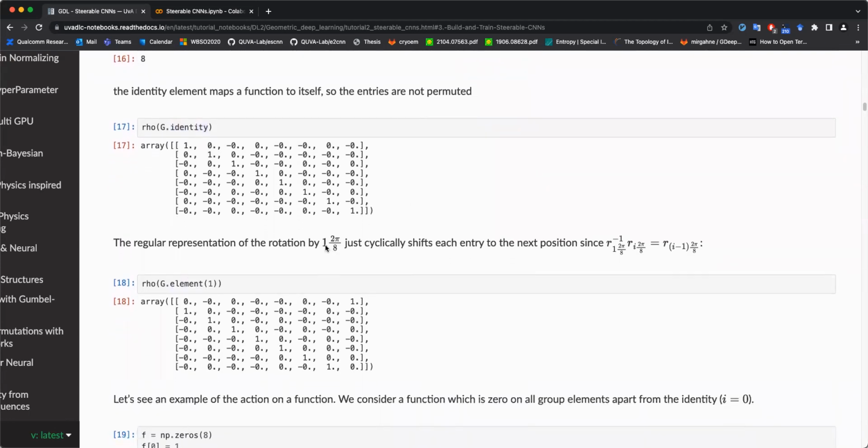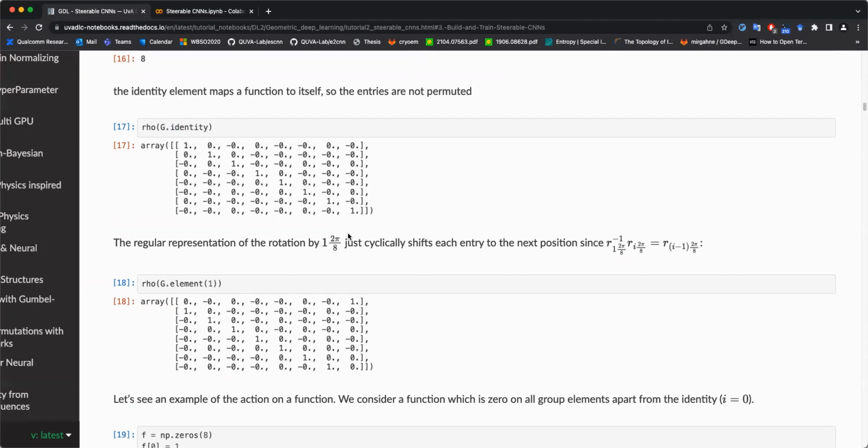What happens if we multiply it by the representation of the rotation by 2 pi over 8? Before looking at the solution, try to think about the fact that this rotation shifts each group element in a cyclic way by a step of 1. If you remember some modular arithmetic, this is essentially the same as the group of modular arithmetic modulo 8.